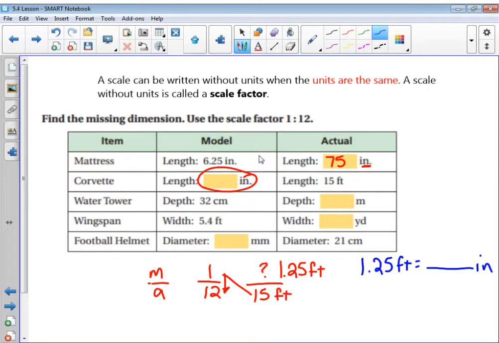Hopefully you remember it since it is US: 1 foot is the same as 12 inches. So now I'll cross multiply and divide, taking 1.25 times 12. Some of you might just multiply by 12, and that's okay. Here I ended up with 15 inches. So the Corvette model was 15 inches, and the actual length was 15 feet.